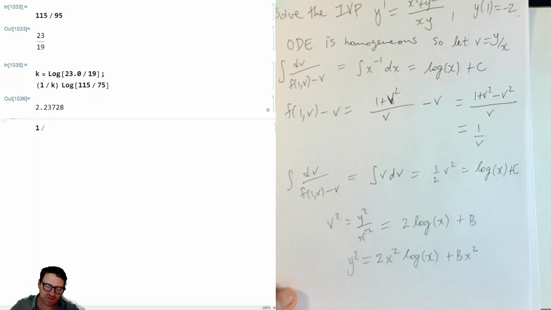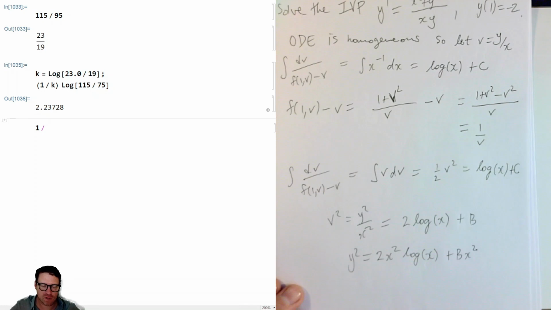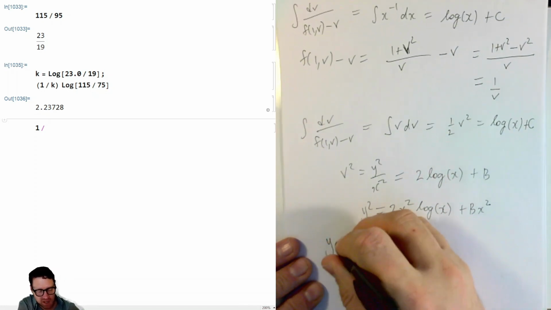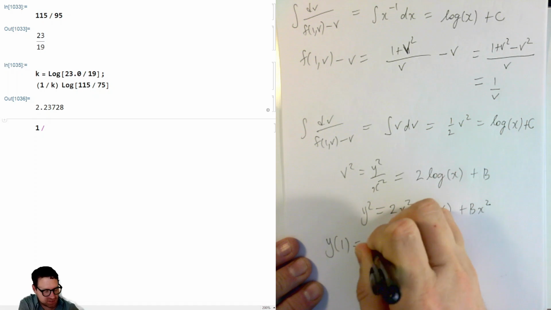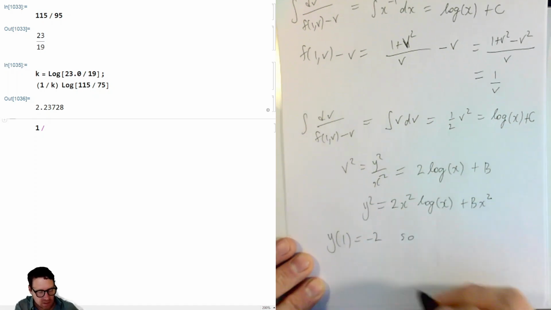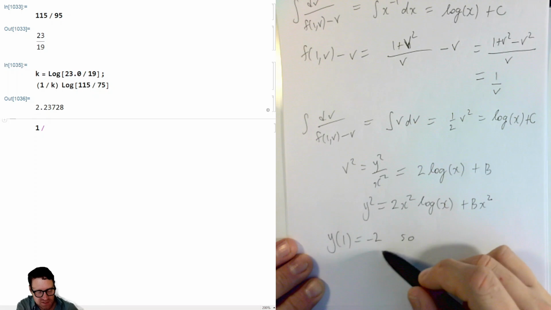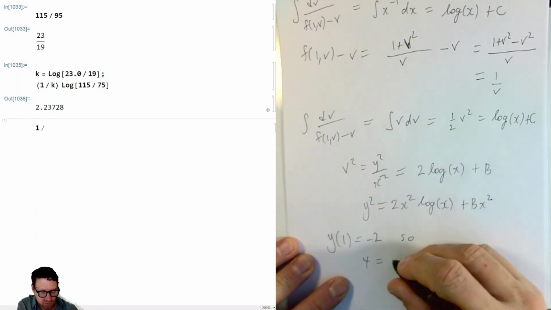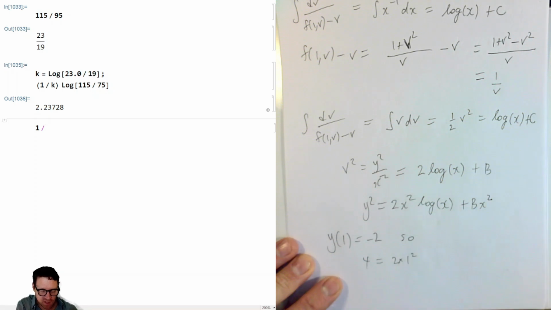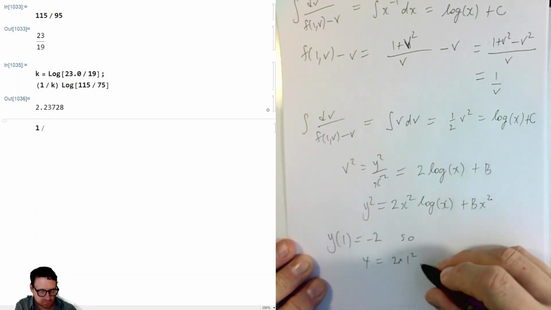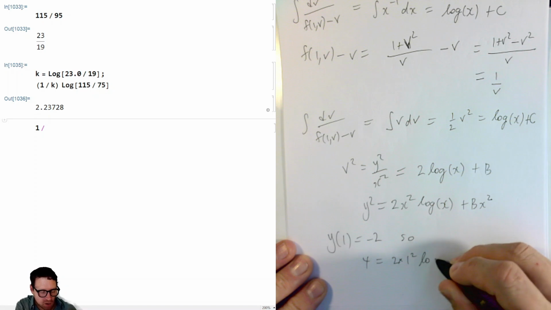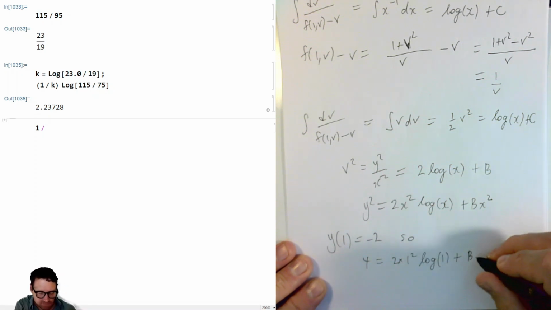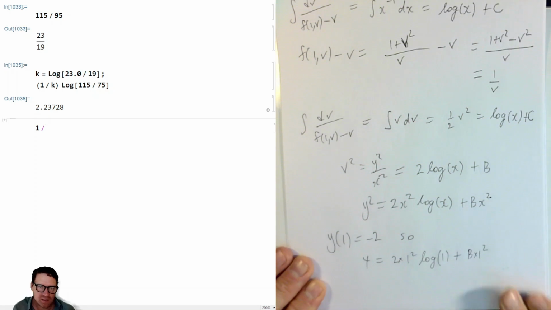All right, let's move on to the next one. Oh, no. I haven't done y of 1 is minus 2 yet. Okay, so y of 1 is minus 2. So we then have minus 2 squared is 4 equals 2 times 1 squared log of 1 plus b times 1 squared.